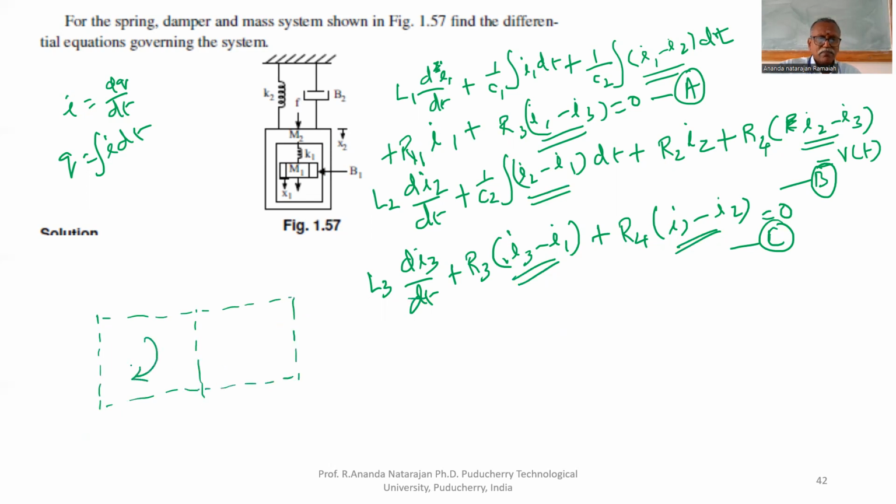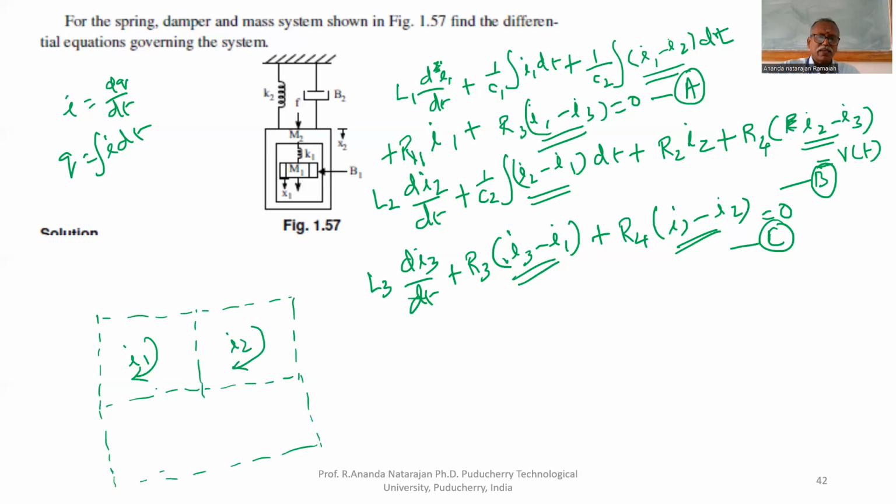This is I1. This is I2. No problem. I1 minus I2 you will get automatically. We need I1 minus I3, therefore the third loop should be adjacent to the first loop as well as the second loop.